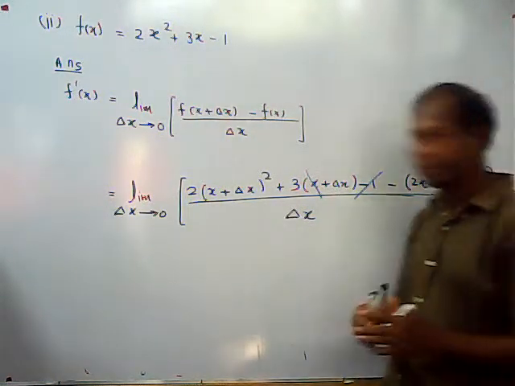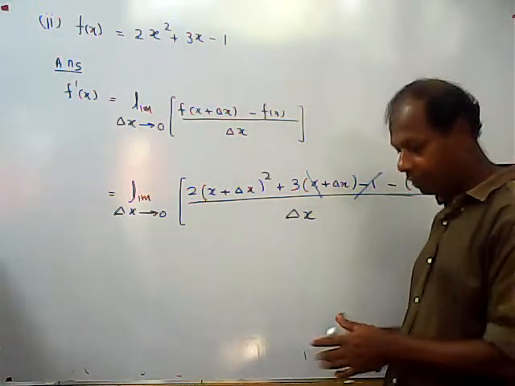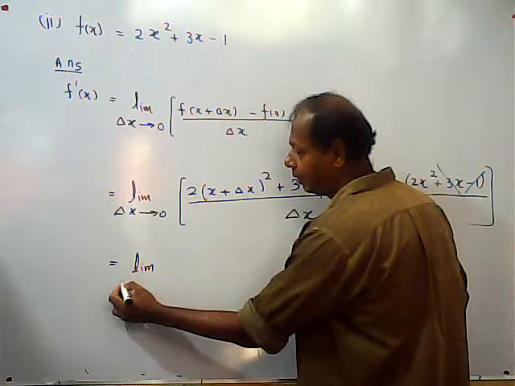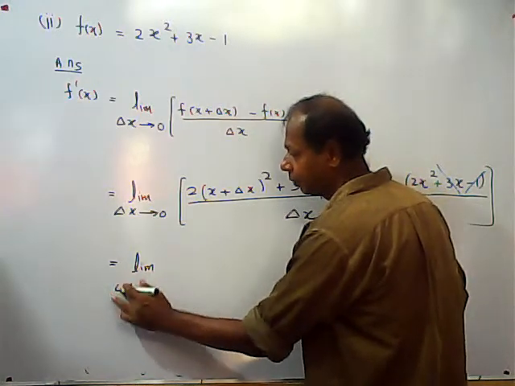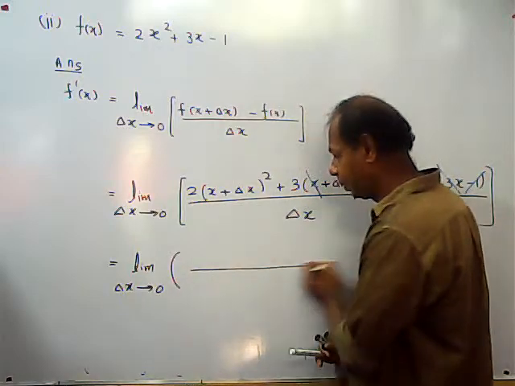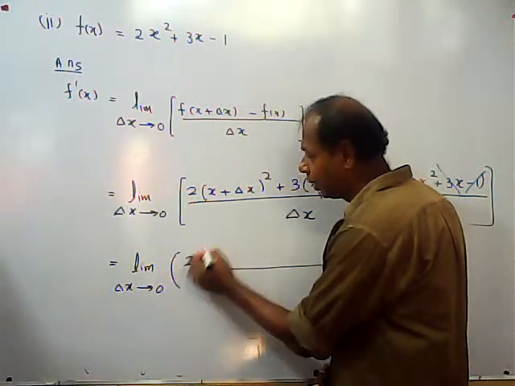I'll write the remaining terms for the moment. I'll have to expand this before simplifying further. Limit as delta x goes to 0. I'm going to expand this 2 times.